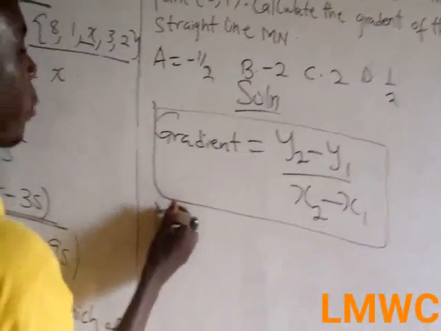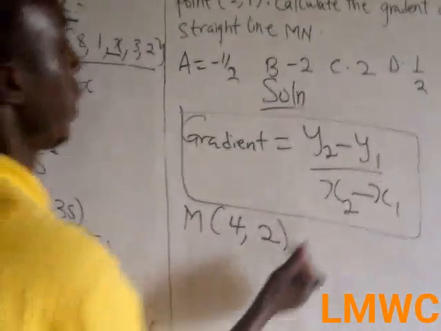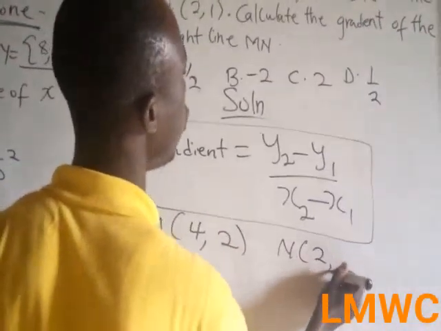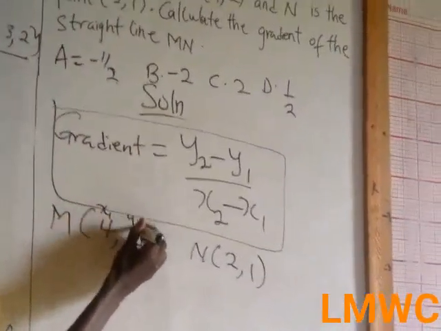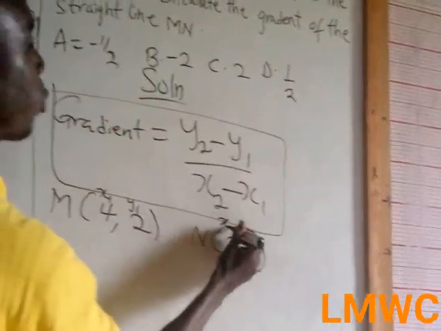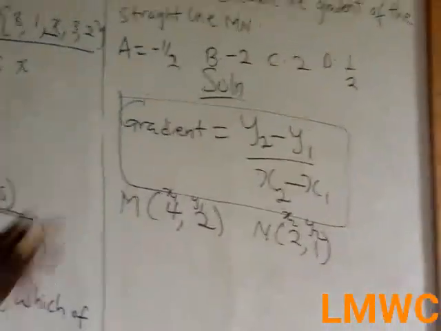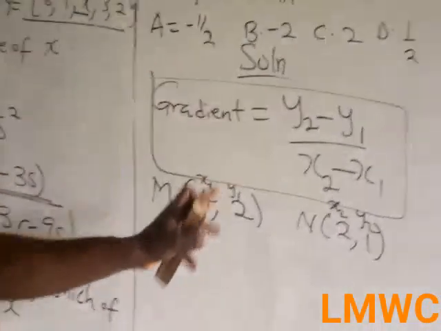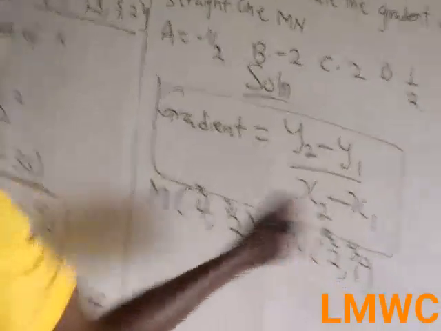So we have our first coordinate as (4, 2). That's the first point. And N we have (2, 1). So our first coordinate takes x1, y1, and the second takes x2, y2. Always the first variable will take x1, y1, and the second variable will take x2, y2. So what is y2?